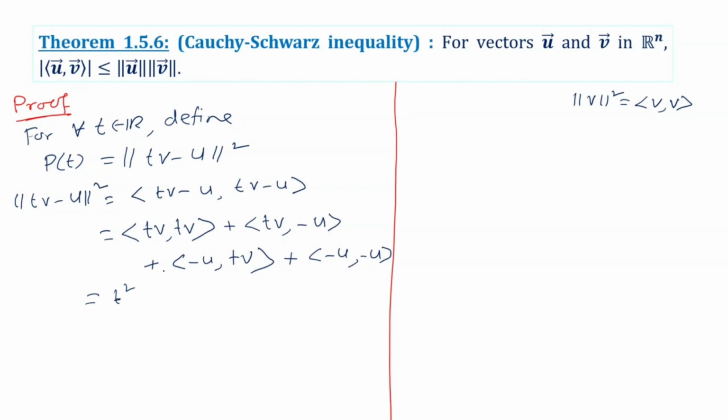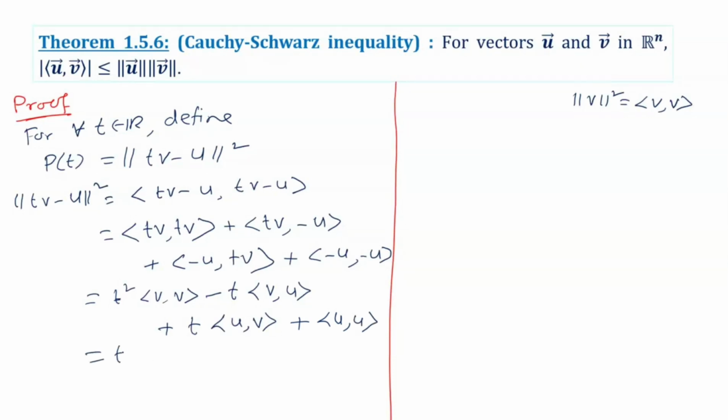It will be t² ⟨V, V⟩ minus t ⟨U, V⟩ minus t ⟨U, V⟩ plus ⟨U, U⟩.